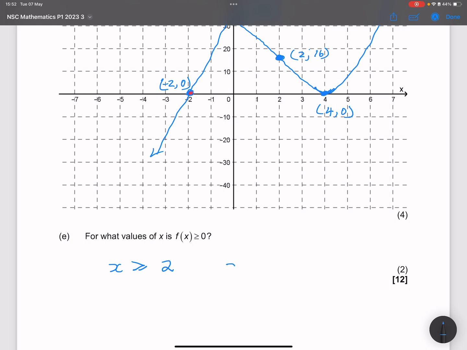Or you can say x is an element of [-2, infinity), where -2 is included because they said greater than or equal to, all the way up until infinity, and infinity would be excluded. Remember, at 4, it is equal to 0, so that would be included as well.